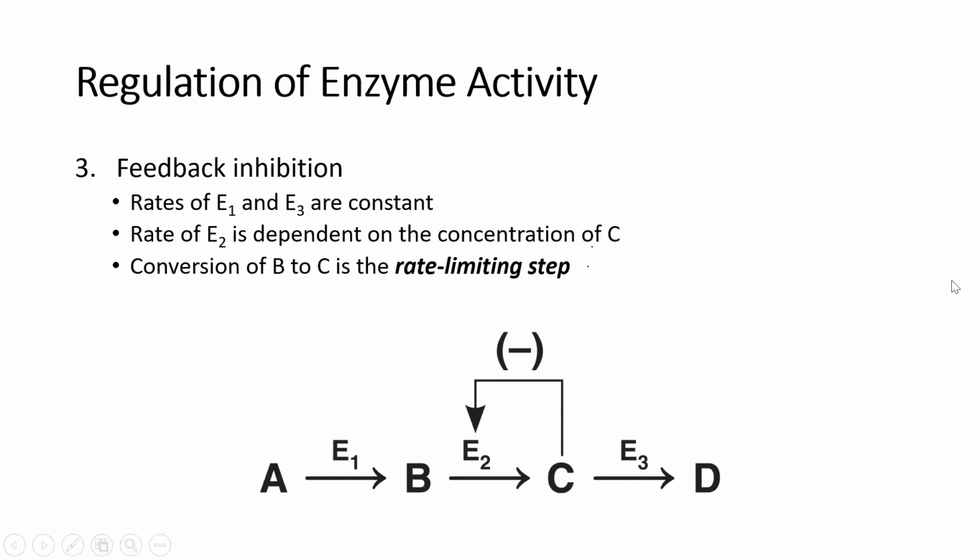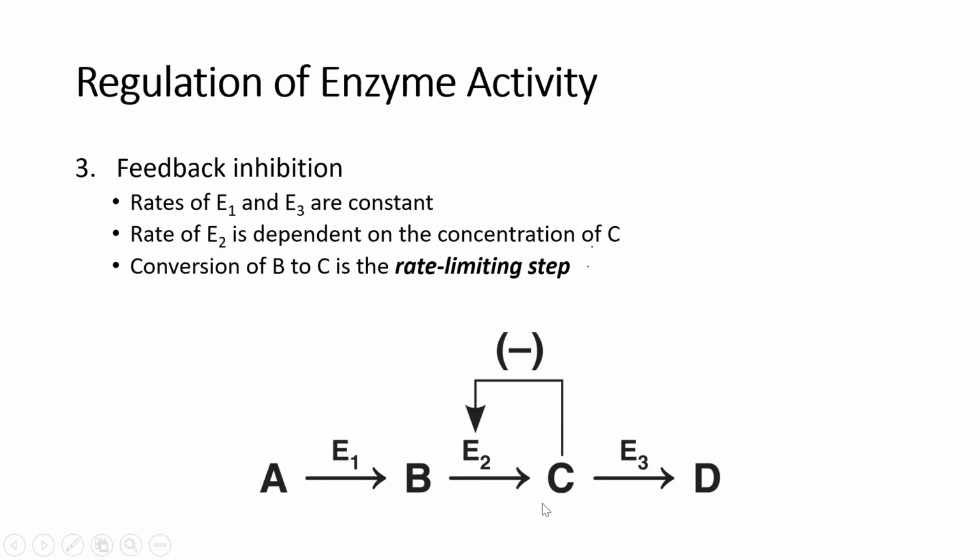A good example here is that in this reaction, we've got substrate A converted to substrate B, converted to substrate C, converted to product D. We've got three enzymes in between that are catalyzing the reaction, and it's proceeding in one direction from A to D. In this example, the concentration of C determines the rate of enzyme 2.